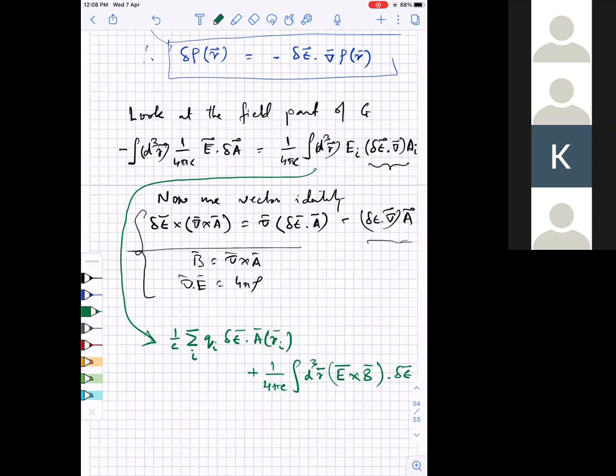So you will find that this equation becomes like this. Okay.